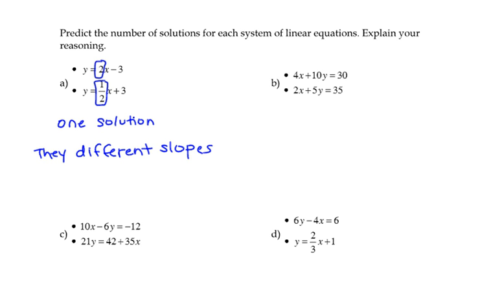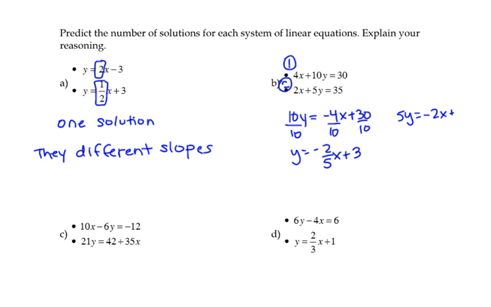Okay, the next one, rearranging these for y equals. So the first equation, subtracting 4x over, we have 10y equals negative 4x plus 30, then divide by 10. We have y equals negative 2 over 5x plus 3. The second one, I subtract 2x over, I have 5y equals negative 2x plus 35, and divide by 5.